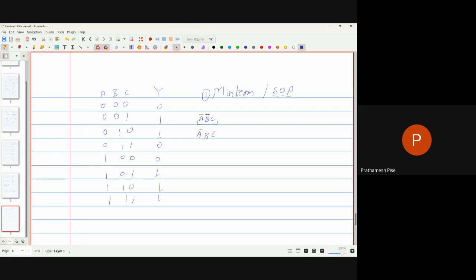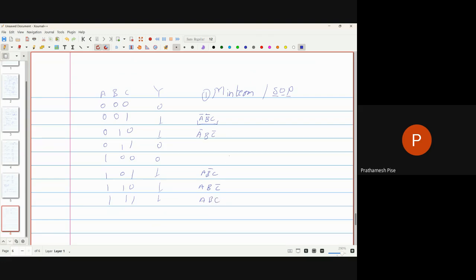We are using AND here because AND is what? AND will be high only when all these three are high. So those definitions are important. They come handy here. So we can do this for all. So it will be A, B bar, C here, A, B, C bar, and this is ABC.